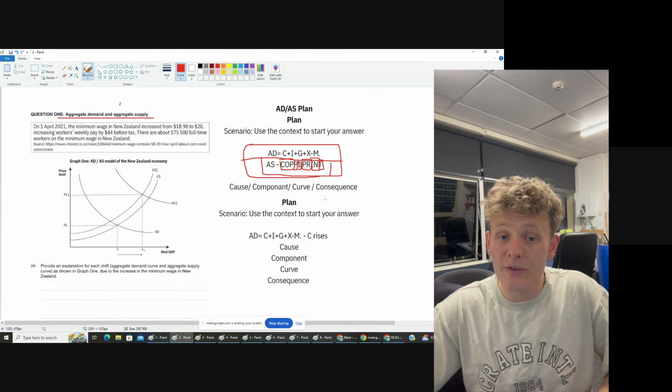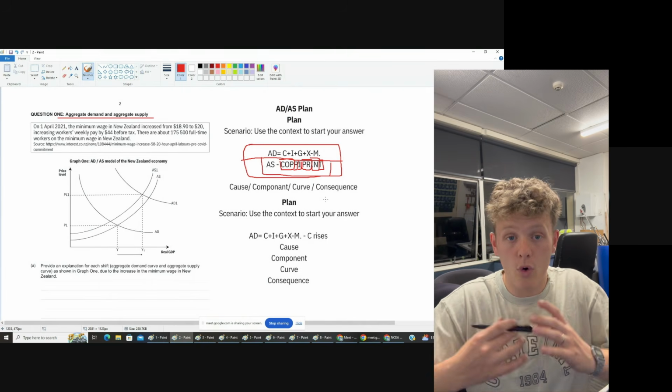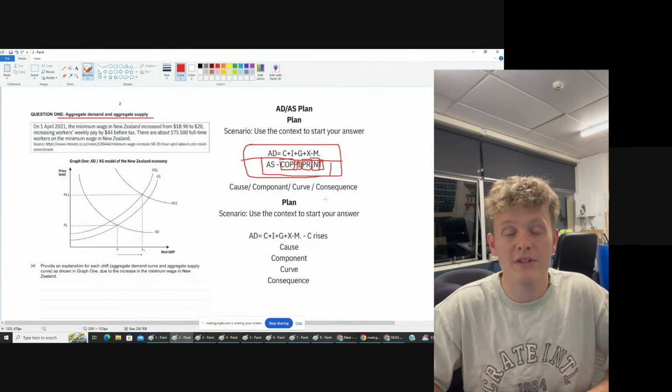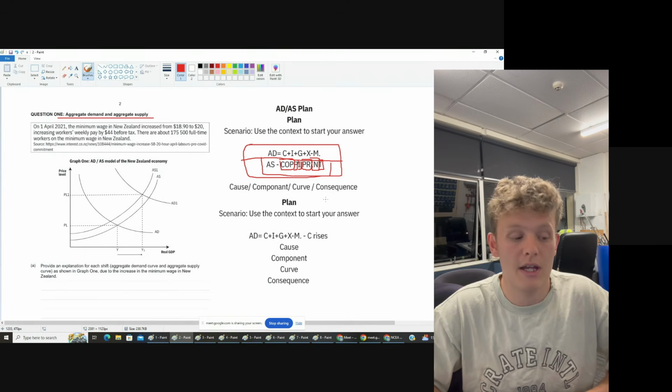That's not even comprehensive, but it's a good overview of all the things that typically change that are causing shifts in AS.